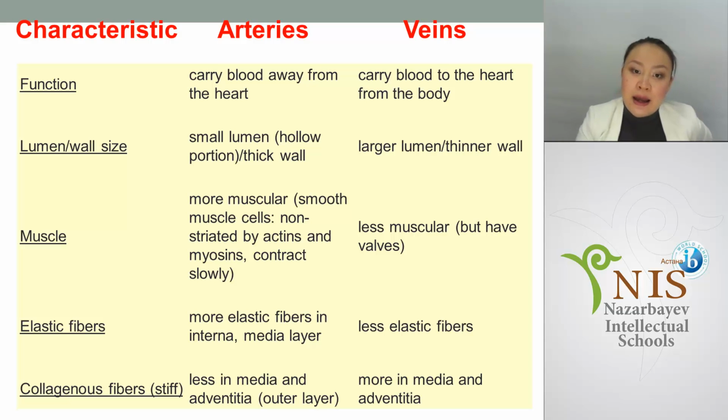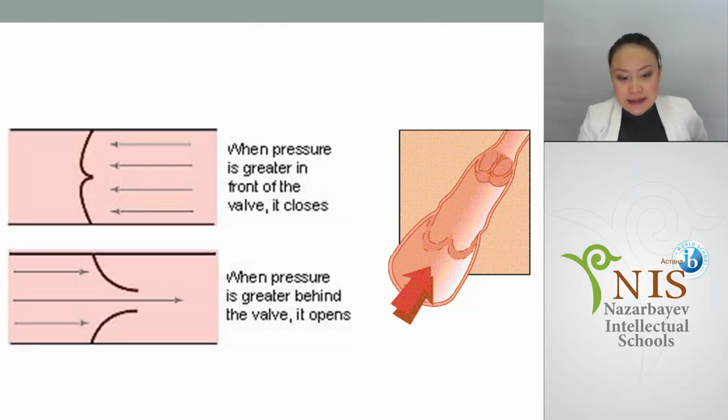Okay, this is the basic differences between arteries and veins. Okay, look at this picture. What do you think? In this picture we have artery or vein? Of course, this is vein. Why? Because this blood vessel has a valve. You see here, and in the right side, 2 valves.